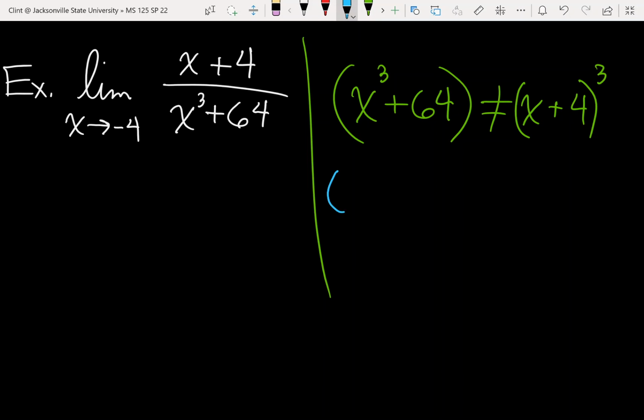So here's a pattern for the sum and difference of two cubes. I'll give them both to you at the same time. You might want to take note of these so you'll have them for reference. So let me actually write it down correctly. B cubed. Got two of these. One's a sum, one's a difference.